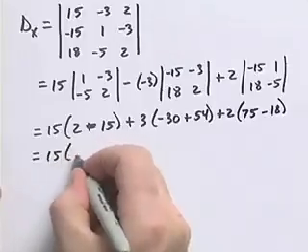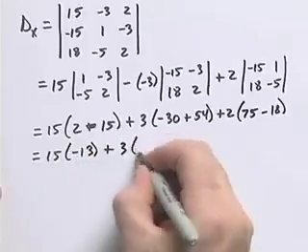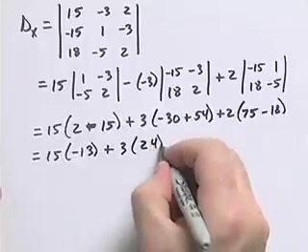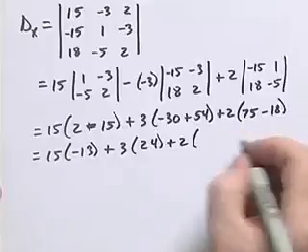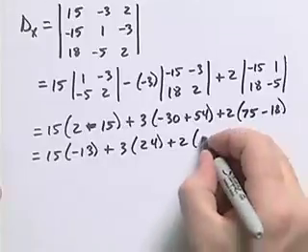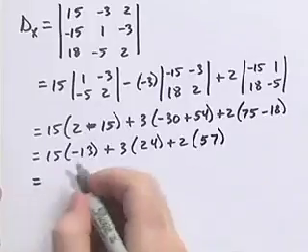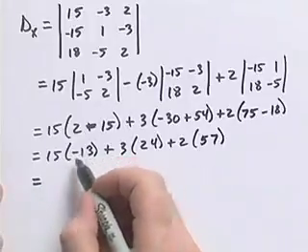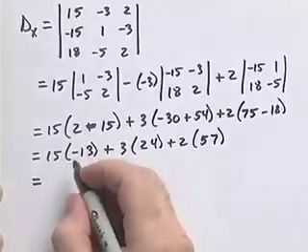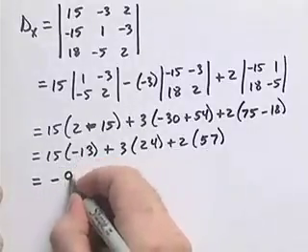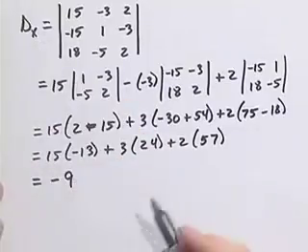So here we'll have 15 times negative 13 plus 3 times 24 plus 2 times 75 minus 18, which will be 57. 15 times negative 13 plus 3 times 24 plus 2 times 57. If we evaluate that, we'll get negative 9. So Dx, the determinant for x, will be negative 9.